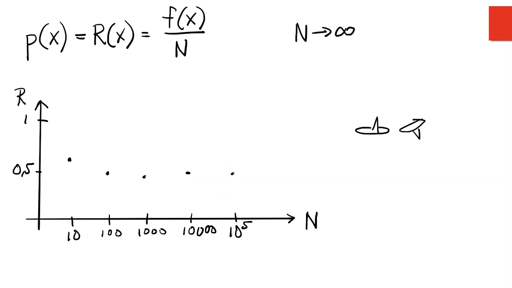So after a while you can see that this will start to stabilize. It should be horizontal here. This will stabilize at some value. Okay, so let's connect these here also. So we connect our data points.